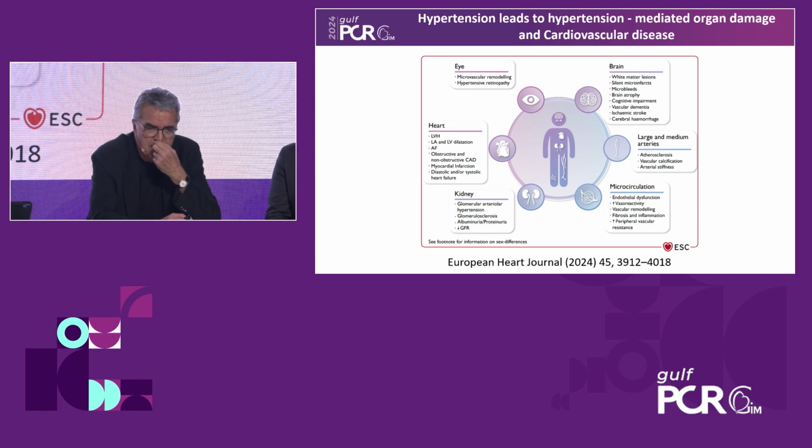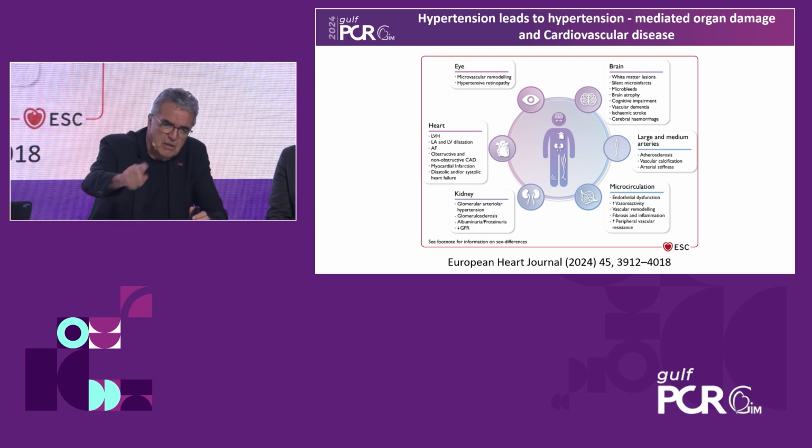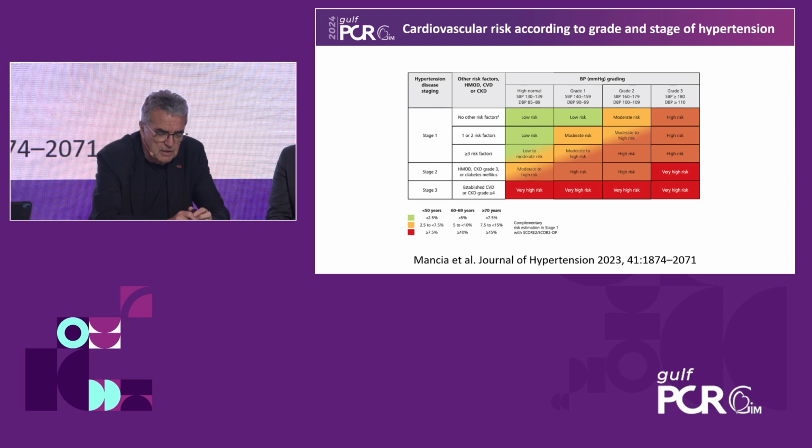You can see that a patient with high-degree, high-stage hypertension has the risk of side effects on the brain, the artery, large and microcirculation, the kidney function, the heart function, and the eyes. So it is multiple mediated organ damage, and that is one of the reasons we need to take careful care of this patient.